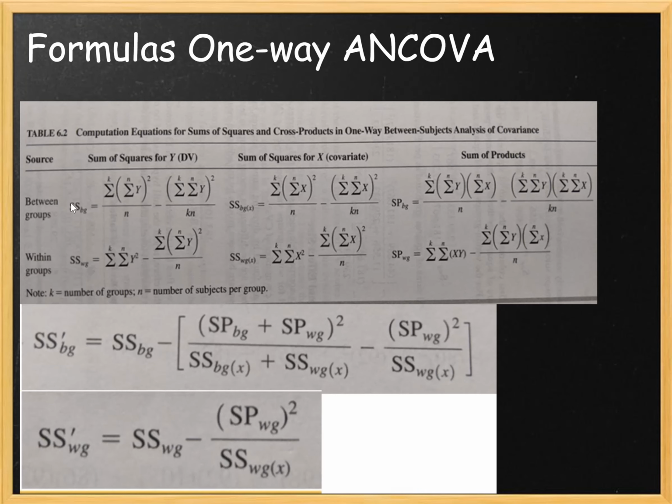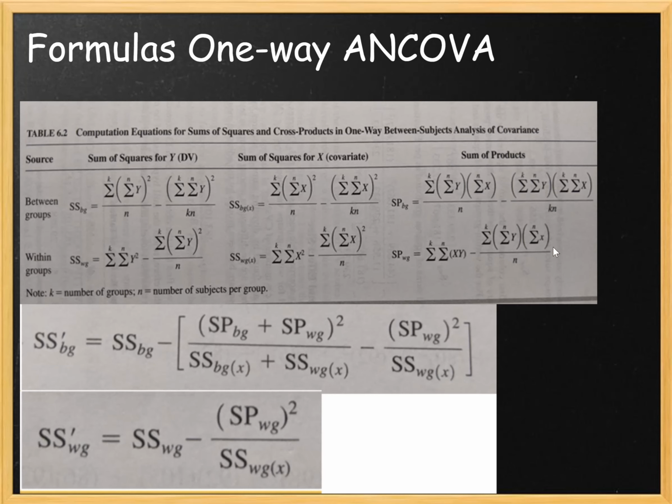So between groups would be the effect variance, and within groups would be the error variance. But in ANCOVA, it gets a bit more complicated because we have to partition between and within for our DV, y, and then between and within for the covariate x, and then we also have to create between and within for the cross products so that we can control for the relationship between the two.